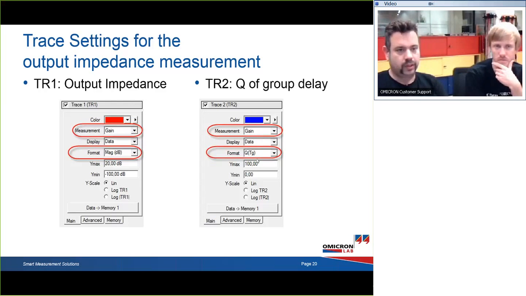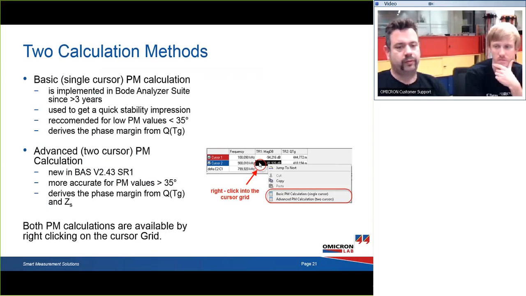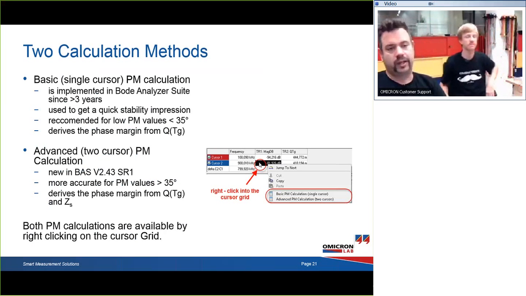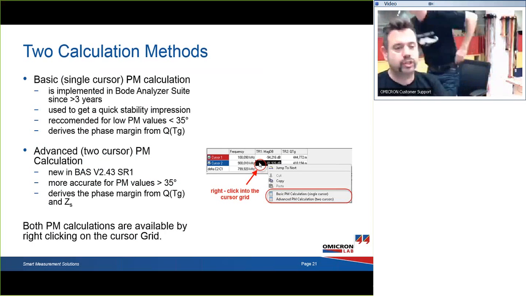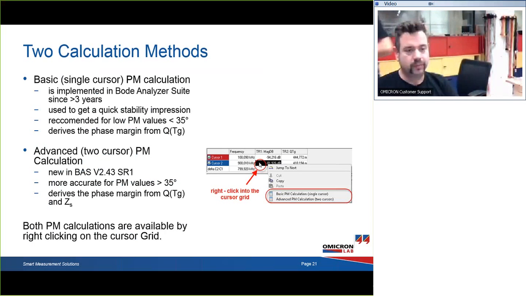And now let's continue. I would like to introduce the two calculation methods that Steve has already mentioned a little bit in the beginning. So we are offering two calculation methods. One, the basic phase margin calculation.